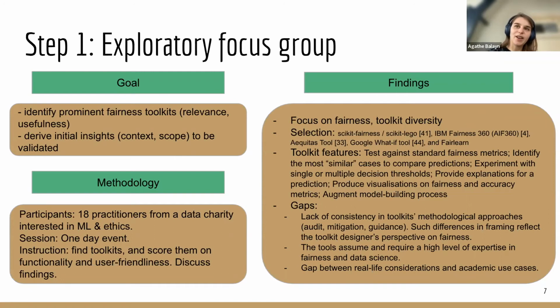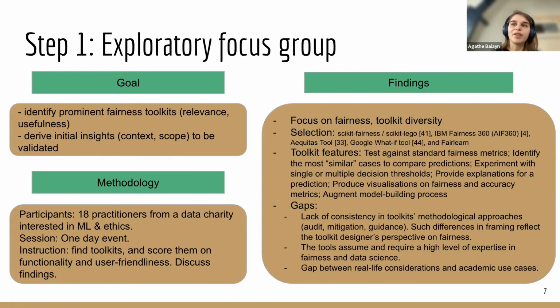And they identified initial features or functionalities that these toolkits more or less all allow for. For instance, computing the standard fairness metrics, also allowing the use of a few of the mitigation methods for fairness, comparing the fairness metrics across various models, etc. But they also started to identify a few gaps within these toolkits.